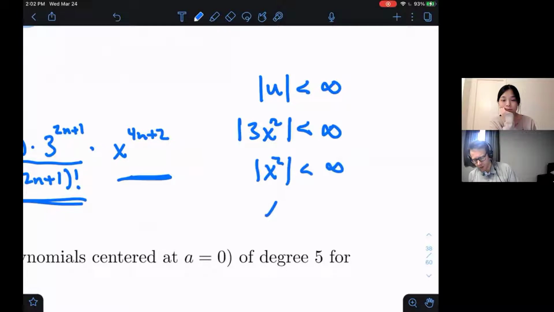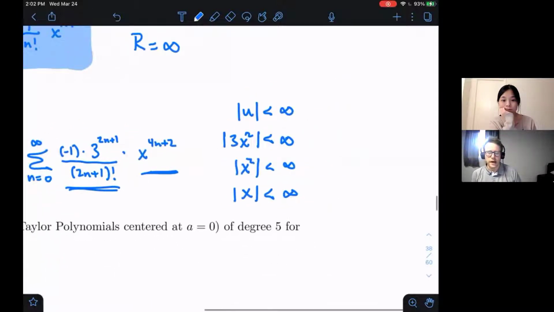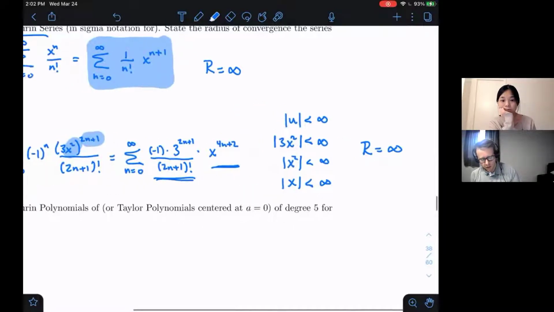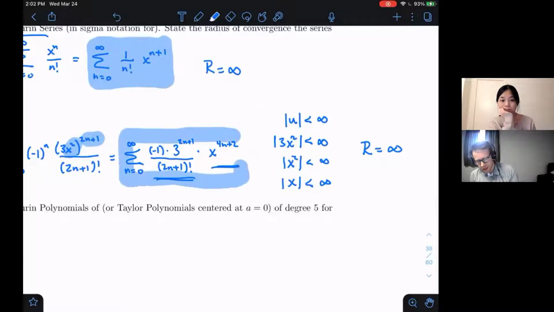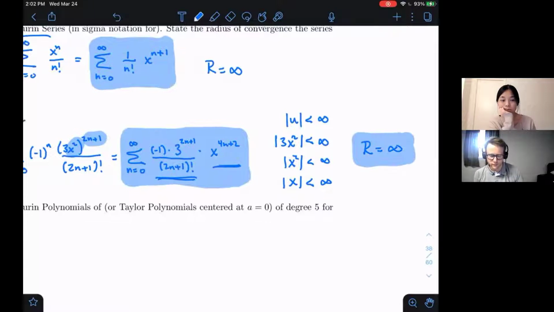And we can take the square root. And notice that it's pretty hard to get this off of infinity. And so the radius of convergence here is going to be infinite. So here would be my final answer as far as a power series that represents this particular piece. And then here would be my radius of convergence.